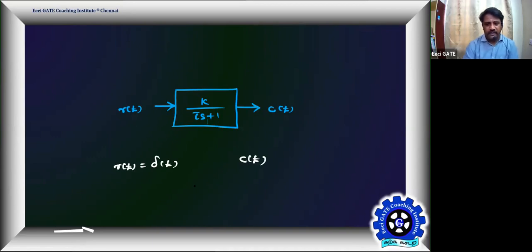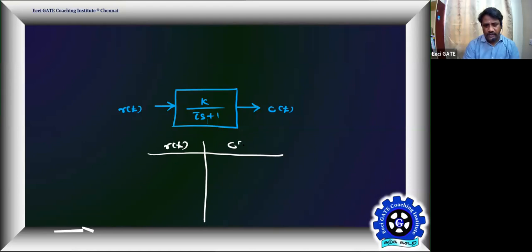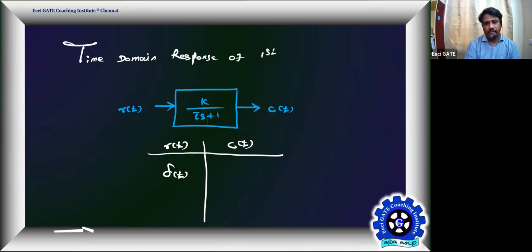Let me have a simple table: input is r of t, the output is c of t. When input is del of t, what was the response? Standard first order.